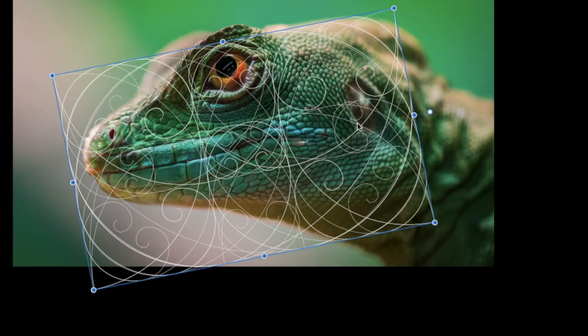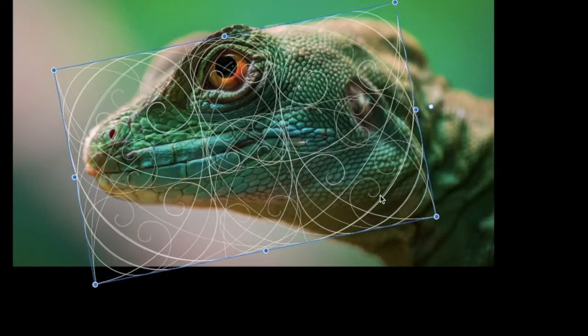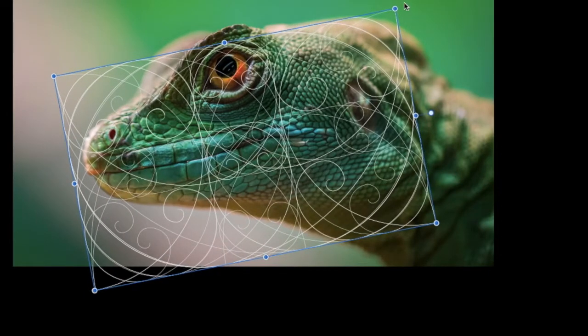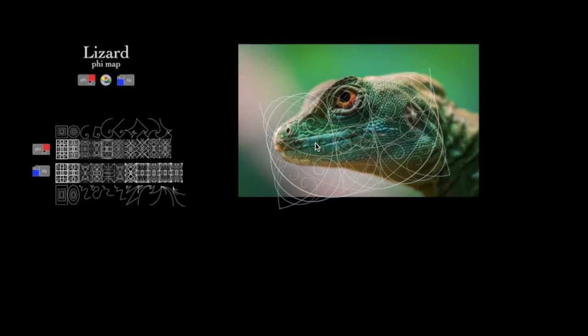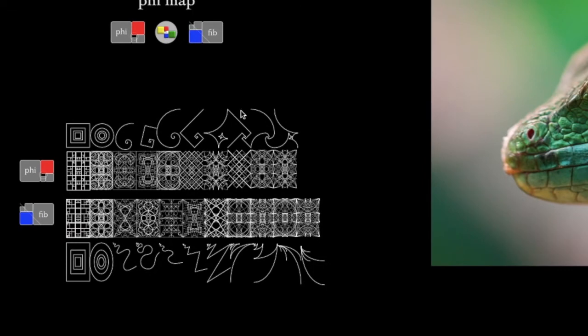Isolates the eye very well. Almost crosses right on the ear there, probably would. And these curves are similar to those folds back there, but they're not lining up exactly right because this angle's wrong, but it's multiple angles in there. Cool. Awesome. That one was awesome.